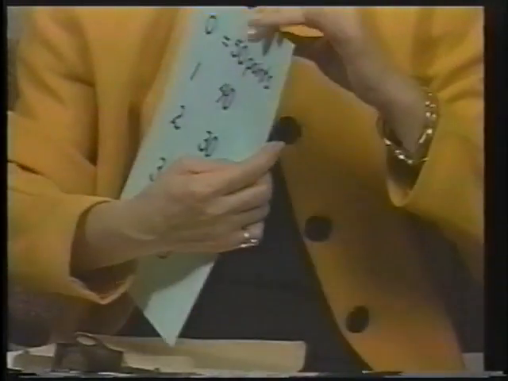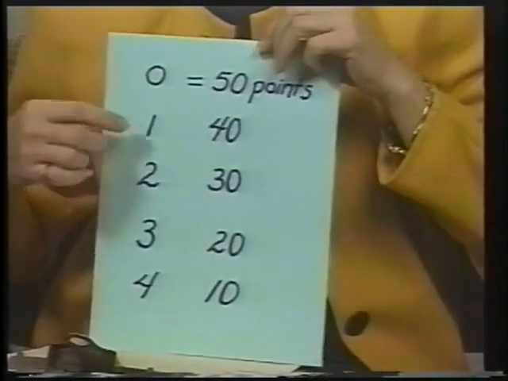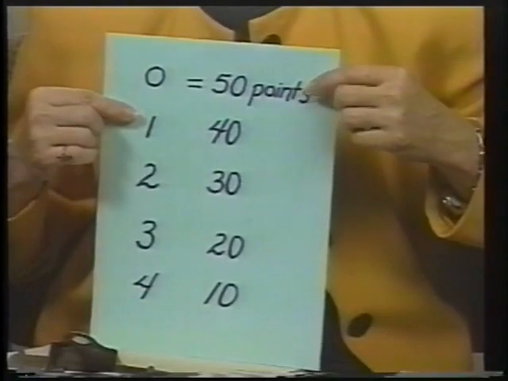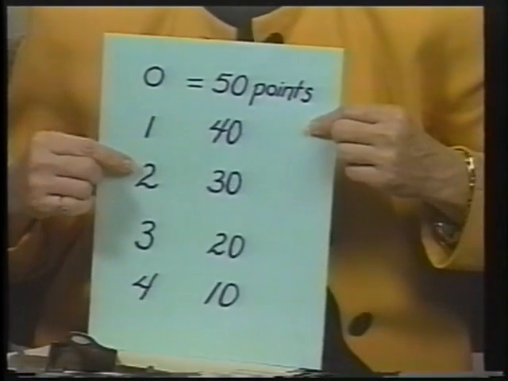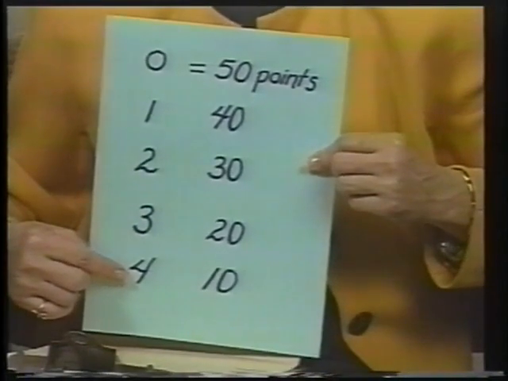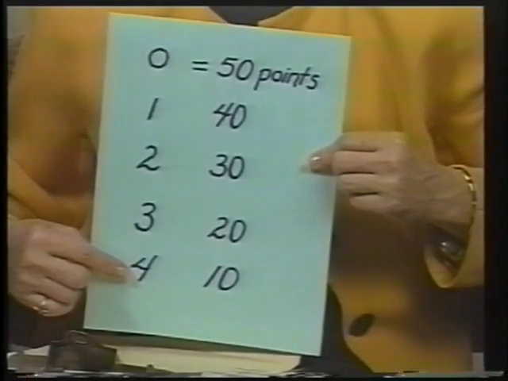Instead of awarding points for each sentence, for high-performing children who make few errors, you may wish to use another kind of point system. For this kind of system, the fewer errors that children make, the more points they earn. For example, students who make 0 errors earn 50 points. 1 error earns 40 points. 2 errors, 30 points. 3 errors, 20 points, and 4 errors, they still earn 10 points.